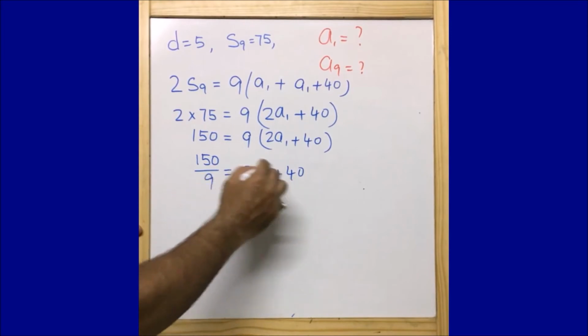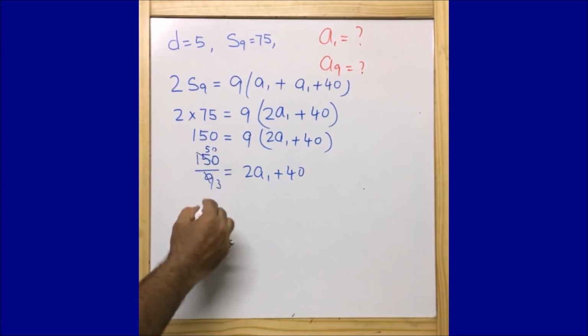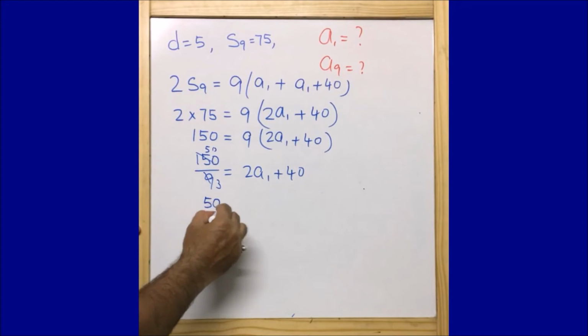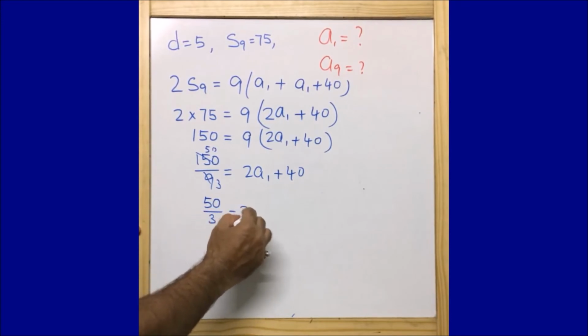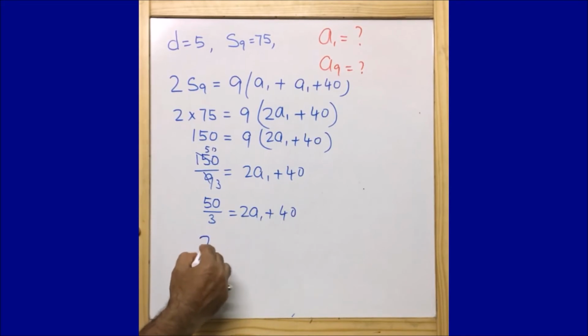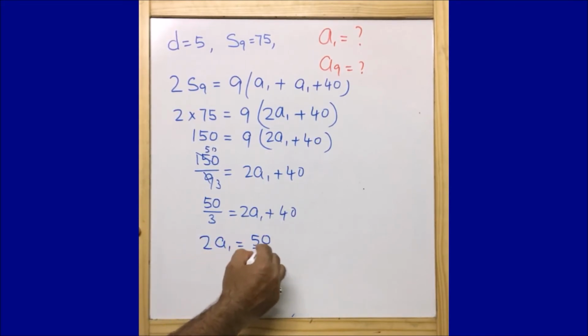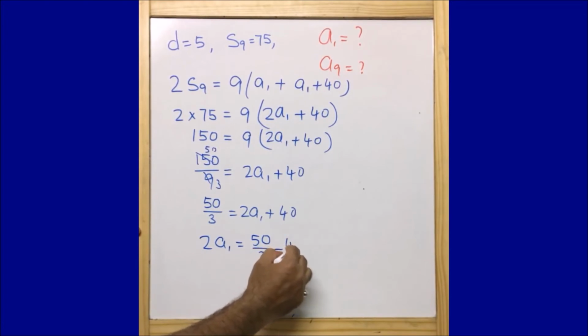Now this one is divisible by 3, and I can say 3 3s are 9 and 3 5s are 15. So I can write 50 by 3 is equal to 2a1 plus 40, or I can write 2a1 is equal to 50 by 3 minus 40.